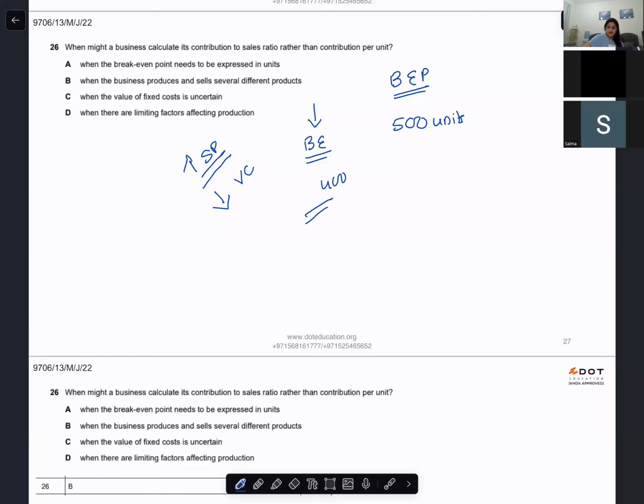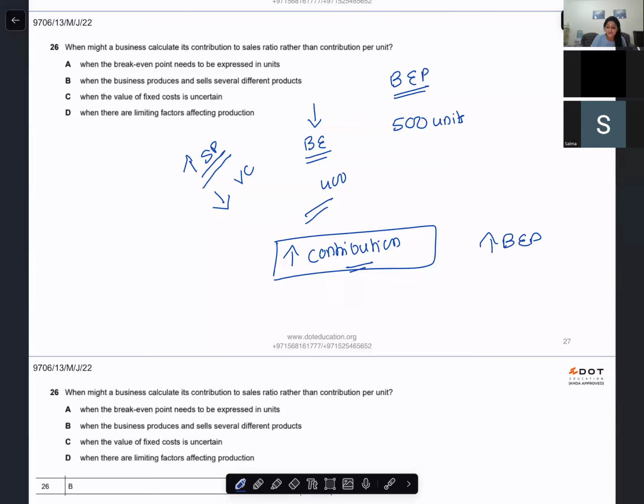So the main thing is that you have to increase your contribution. What is contribution? Contribution is the amount that every unit contributes towards the recovery of fixed costs. If you increase your contribution, you are going to reduce your break-even point.